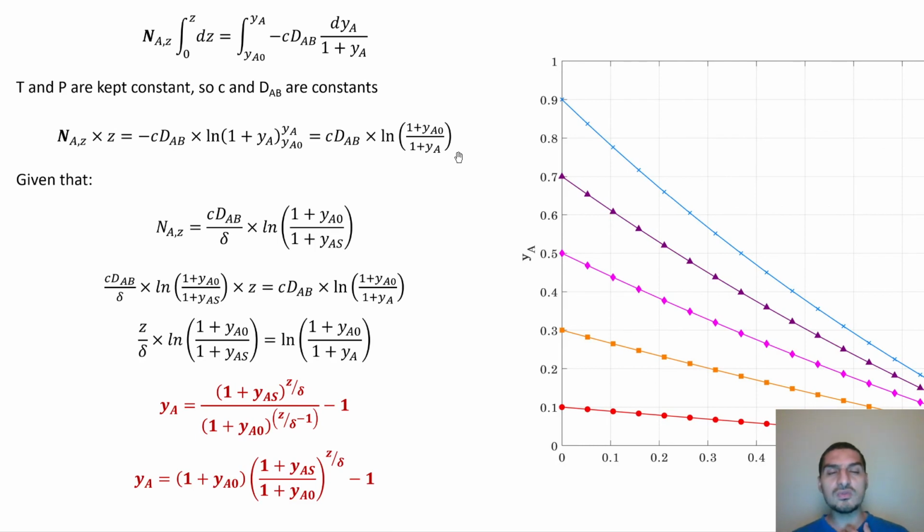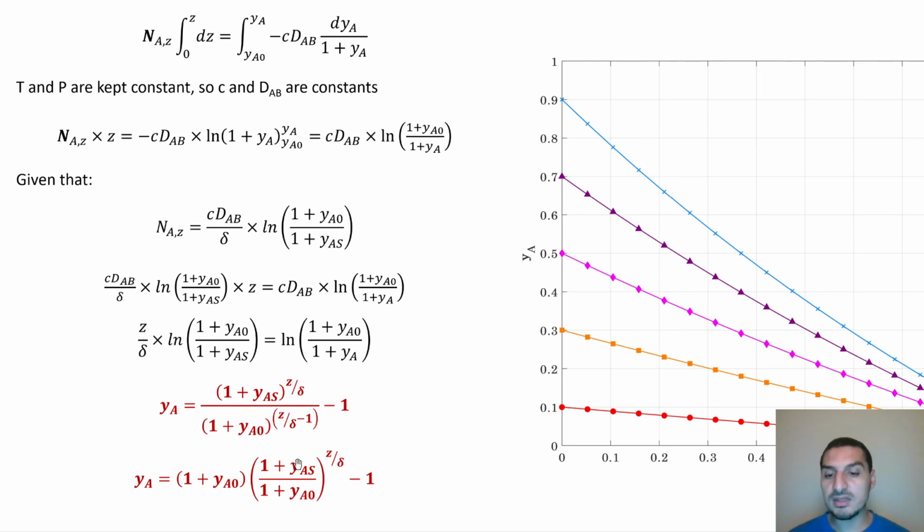This is one thing that you can do to check the equation and make sure that it's valid and logical: put in an extreme case and see what happens. If I put z as 0, this is going to be 1, and then I'm ending up with YA naught. And if I put z equals delta, then the equation will end up with YAS.